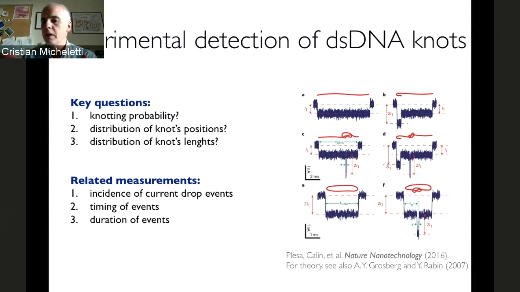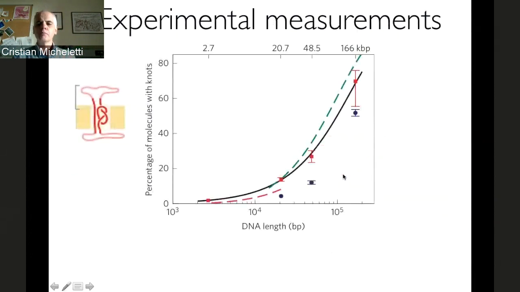And you also have information about the size of the knot, because at least intuitively, you would imagine that knots that are bigger will take more time to translocate through the pore and will cause a longer drop in the current, a longer drop event.